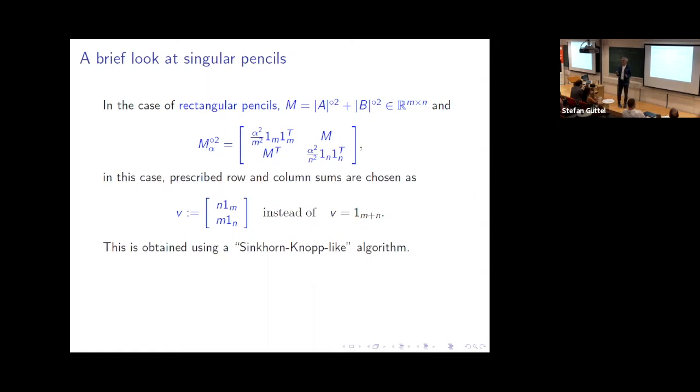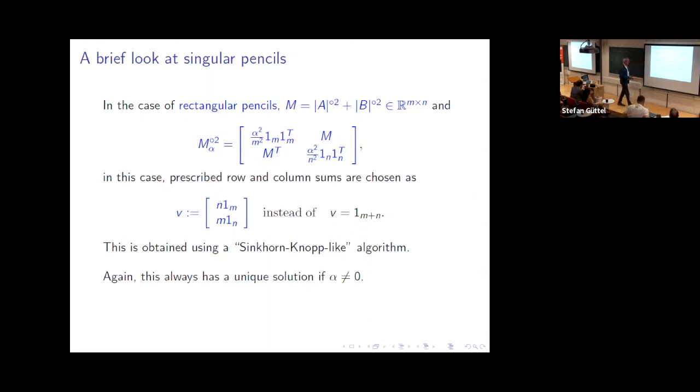Again, it's Sinkhorn-Knopp, with a little modification because you have to take different norms for the rows and the columns, as this is not square anymore. We have to make not all norms equal, but equal to this vector here. And you can show that this does the thing, and this always has a solution again.